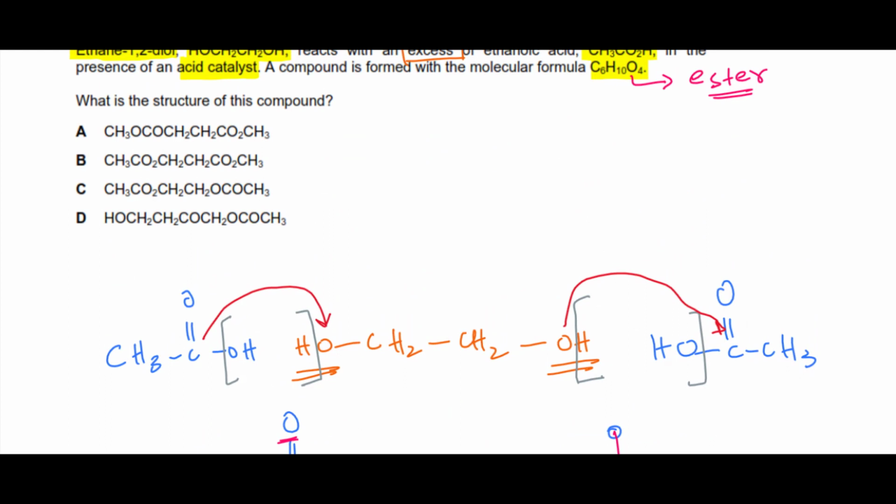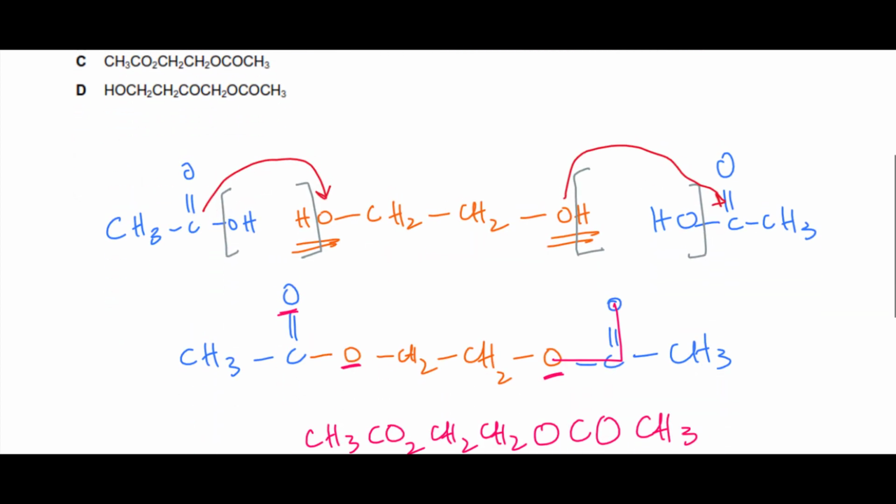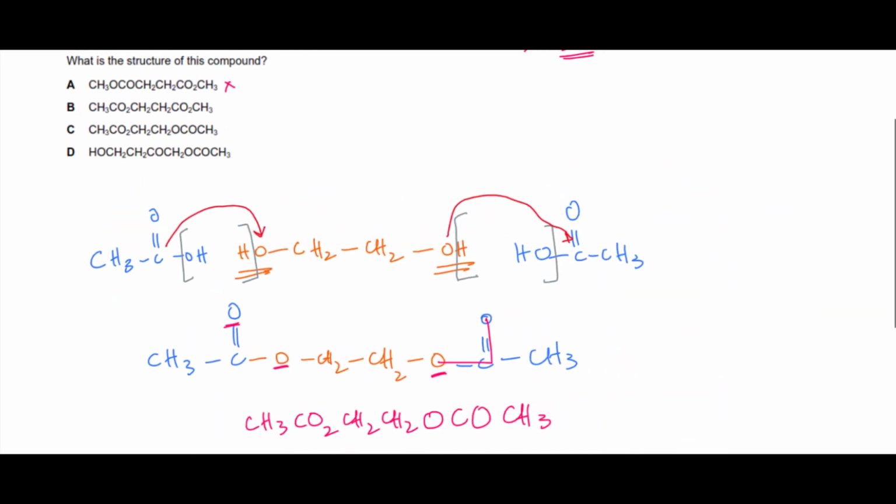CH3O CO CH2 CH2. Obviously this is not the structure. Then CH3CO2 CH3CO2, then CH3CO2 CH2 and then CO2. Here you will say we can write it in CO2 form.